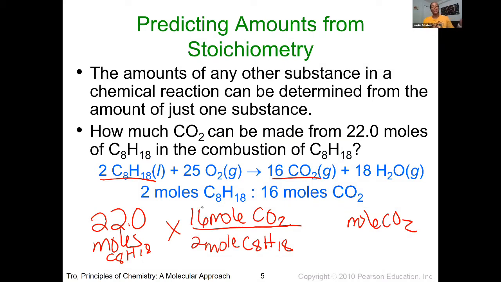When we plug that into our calculators, we see 22 times 16 divided by 2, which gives us a total of 176 moles. Through this, we were able to convert from one substance to another by exploiting that relationship that exists between the coefficients.